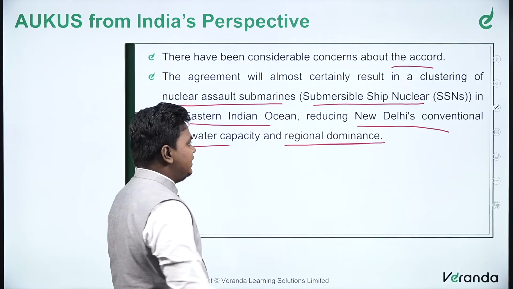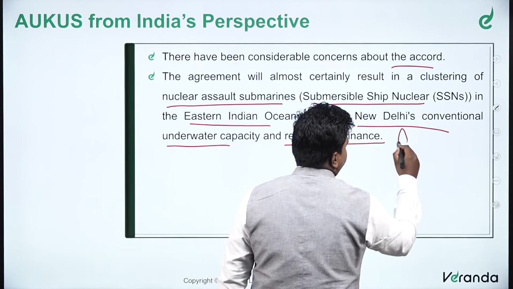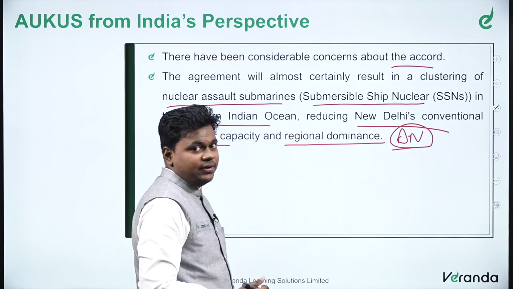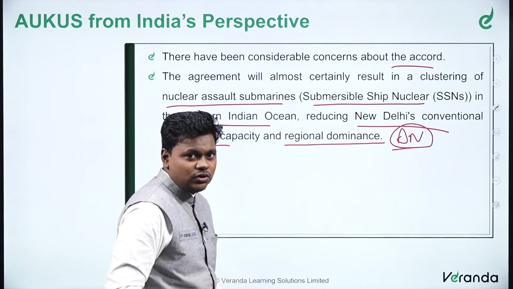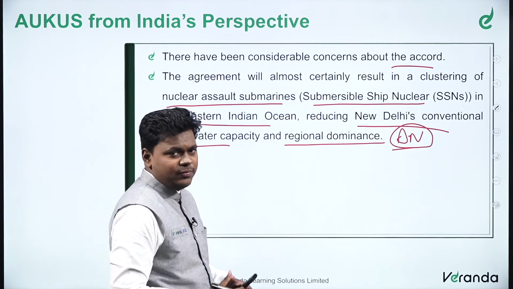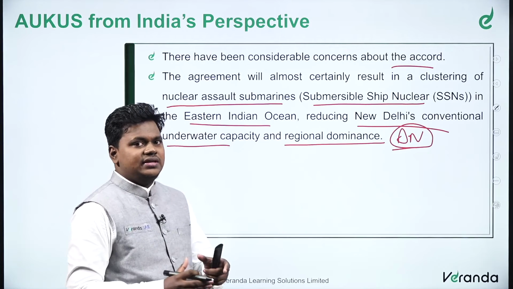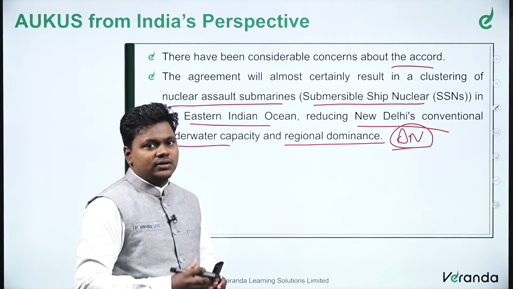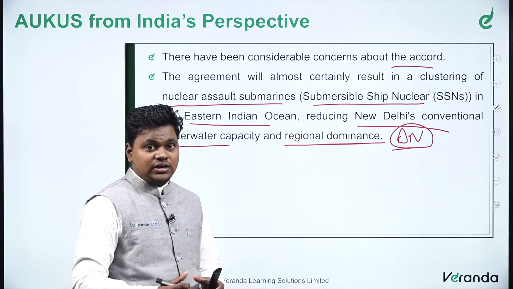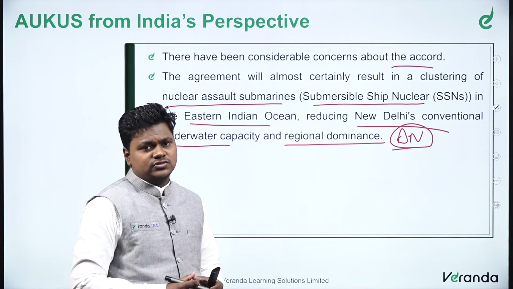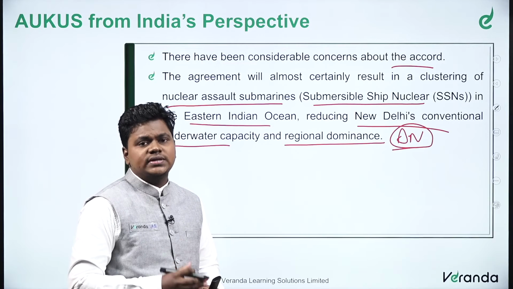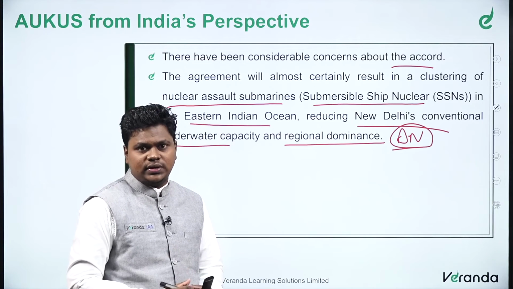So if the Australian Navy gets the power of nuclear submarines, there will be an accumulation of nuclear submarines in the region, which may be a threat to India itself. Now India considers China as its opponent, but things may change. Even in later years, Australia or the US may turn against India. International relations are also about ups and downs. So in such cases, it will be a major threat to India.